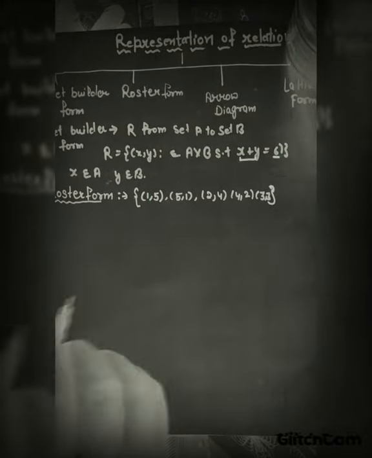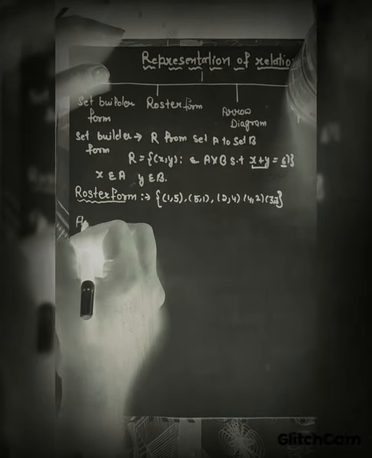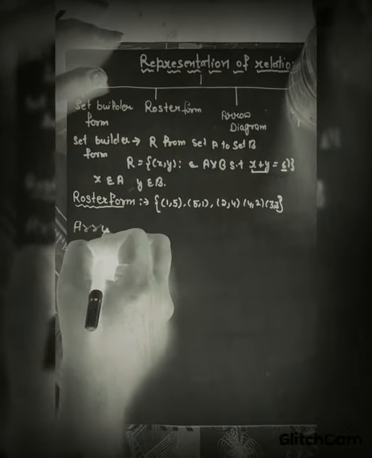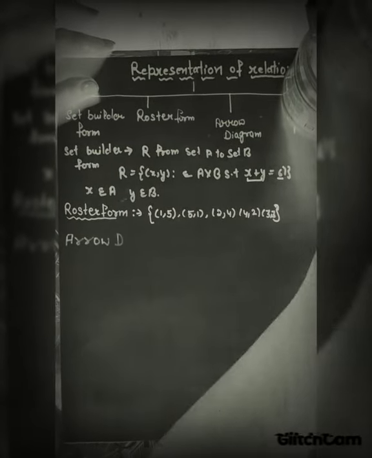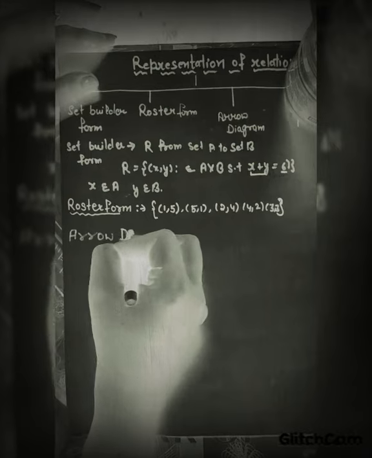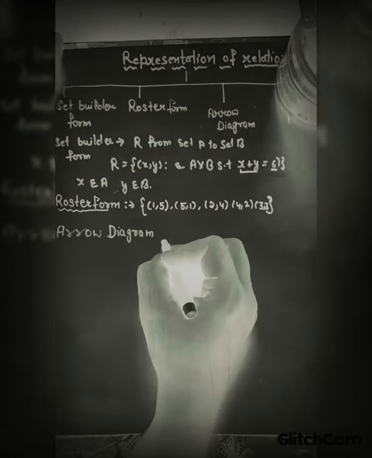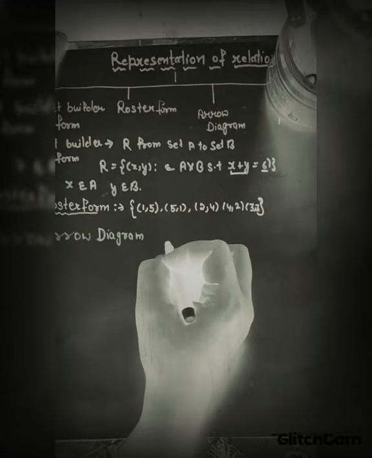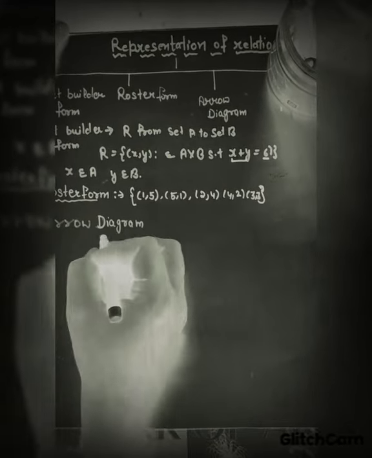Next is by arrow diagram. The elements of set A are linked to the elements of set B by arrows. Such kind of representation is called the arrow diagram.